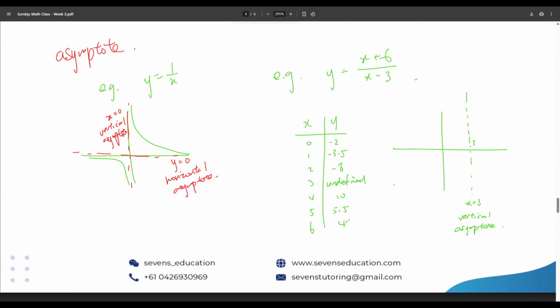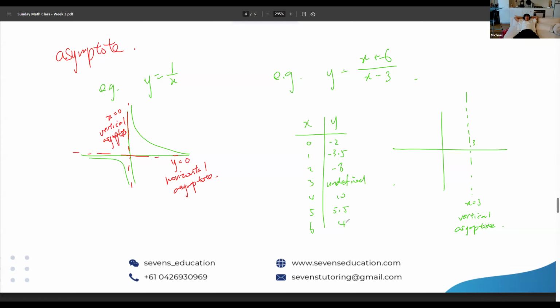I finished drawing it. Okay. Can you spot the horizontal asymptote? Was it just 3? Nope. The horizontal asymptote. What does your graph approach when x goes very big? Just look at the positive side.